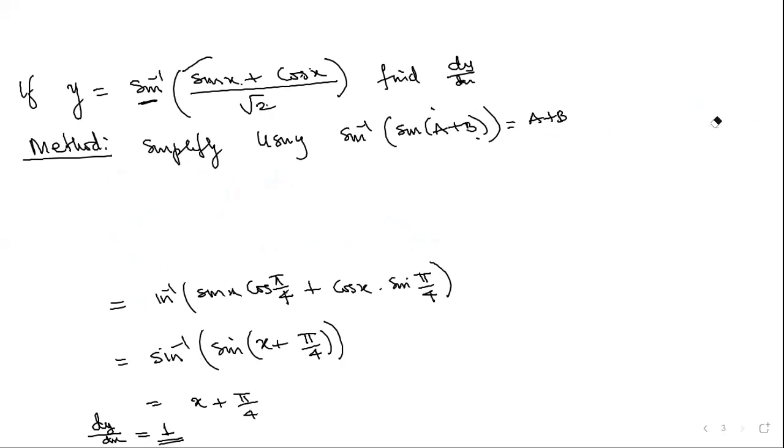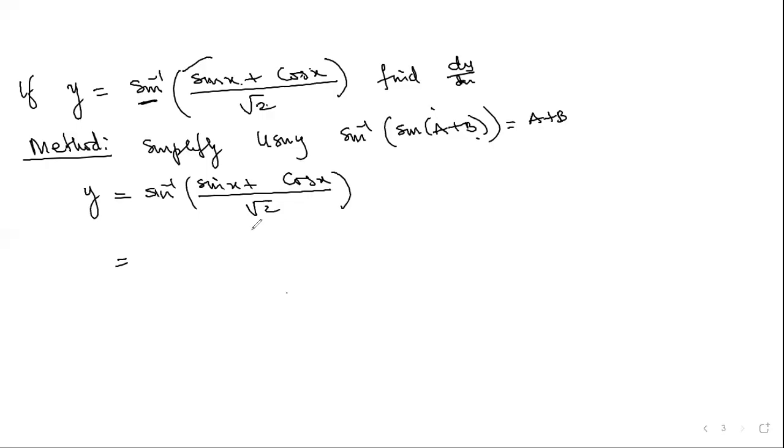How do you simplify this function? Simplify using sine inverse sine of a plus b is a plus b. Then what should I do as the first step? Write the question once again. One of you can tell me what the next step will be.